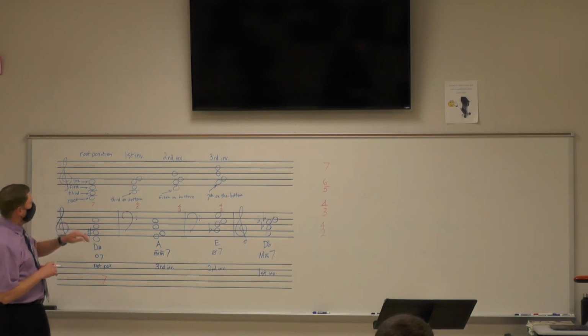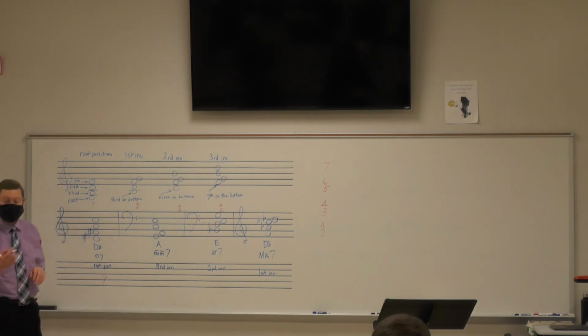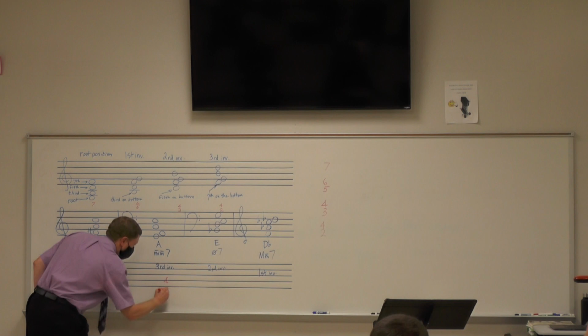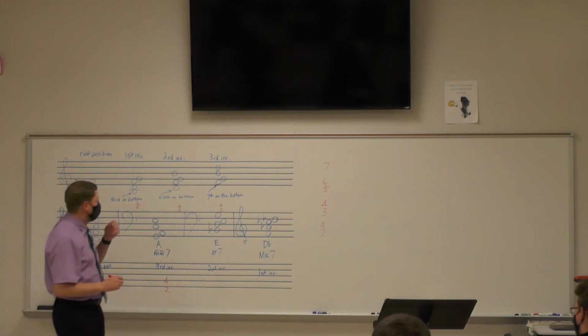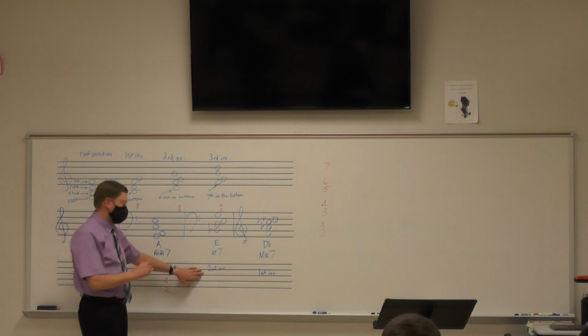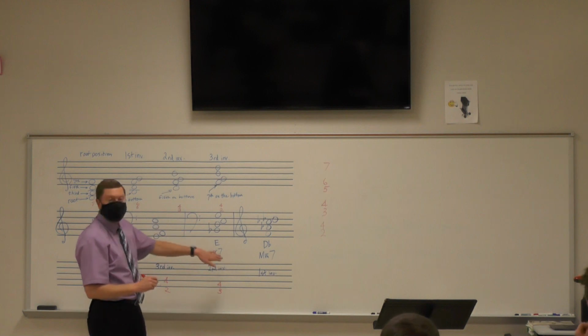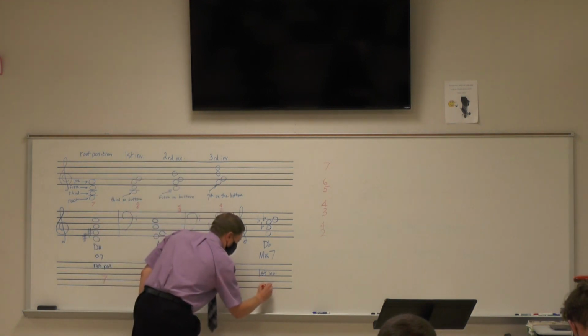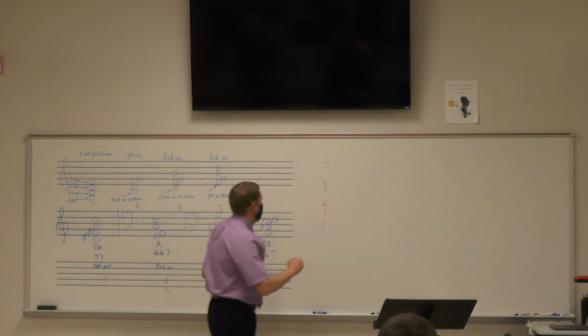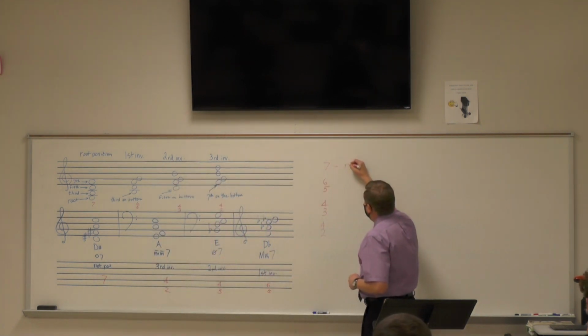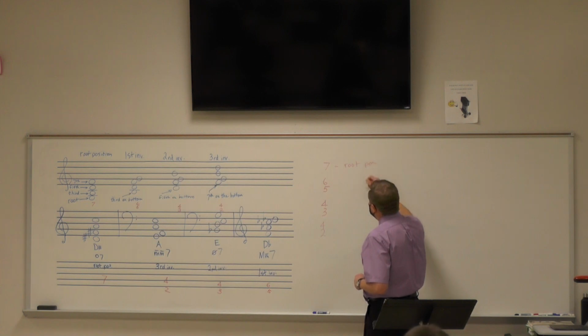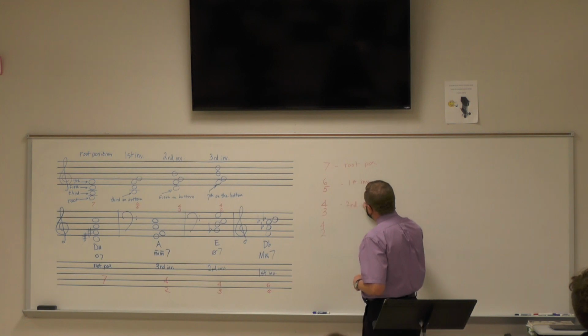Okay, what about a third inversion seventh chord? What's the base position symbol? 4-2. Okay. And for a second inversion seventh chord? 4-3. And finally, for a first inversion seventh chord? 6-5. So as long as you remember, this means root position, this means first inversion, this means second inversion, and this means third inversion seventh chord.